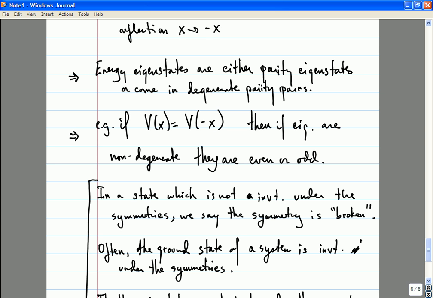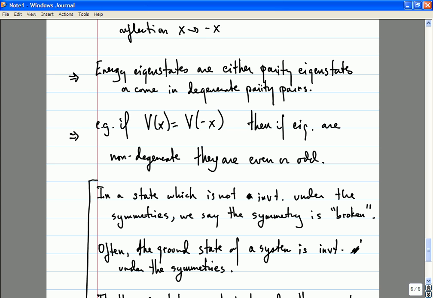Yes? So what does your requirement V of x equal V of minus x mean? If V of x is equal to V of minus x, then your Hamiltonian is parity invariant, it commutes with parity. If V of x is not equal to V of minus x, then your theory doesn't have parity symmetry. Because the commutator of H with parity takes x to minus x.